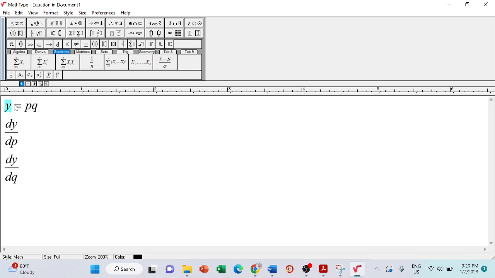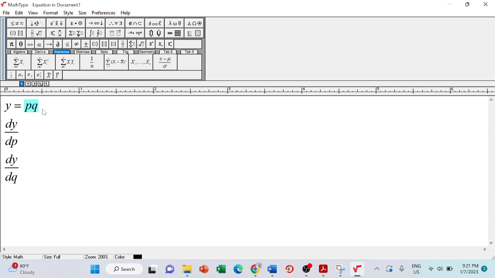Sebab Y ni subjek, main subjek kita, dia bergantung kepada dua variable ni, P and Q. So, bila kita nak bezakan, kita boleh cari dy dp, kita boleh cari dy dq. Faham tak proses ini? PQ bukan constant. Kalau you imagine constant, you fikir it is a number. So, sekarang PQ ni bukan constant. PQ adalah variable. Is that clear?